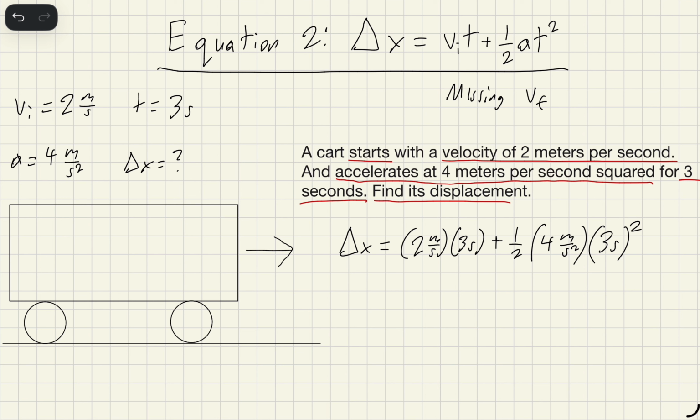If you calculate all this out, we end up with 6 plus 1/2 times 4 times 9, and this will equal 24 meters as our displacement.